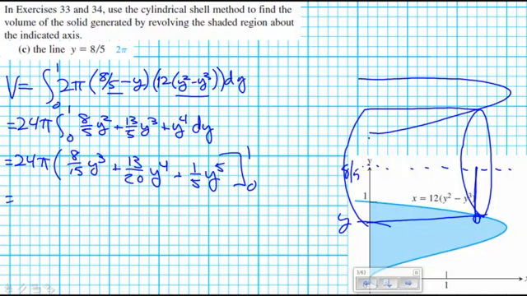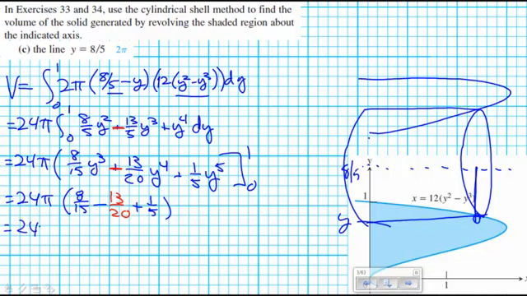So what we're left with is 24 pi times 8/15. We lost a negative sign right here and right there. Common denominator of 60? Yeah, we say begrudgingly.